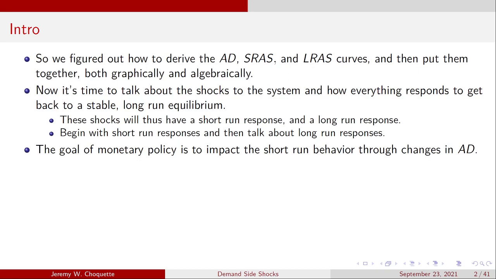Now, bear in mind throughout all of this lecture and the next one that the goal of monetary policy is to impact the short run behavior through changes in aggregate demand, right? Monetary policy is not meant to explicitly impact long run behavior, and it's not meant to shift anything on the supply side of the economy.